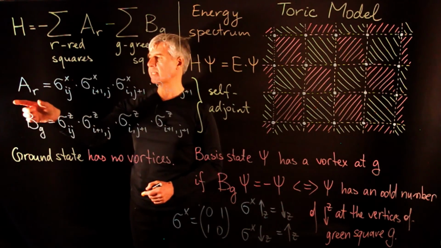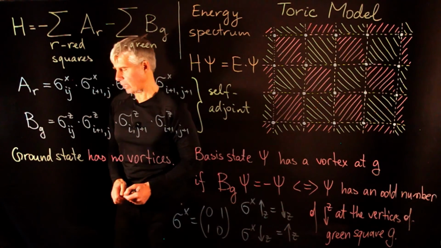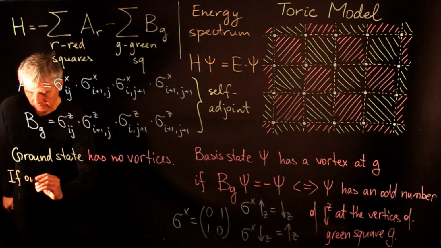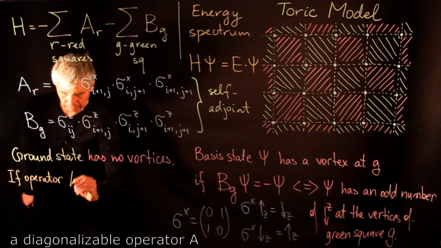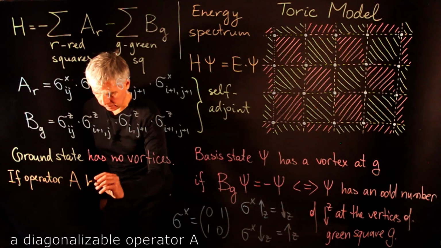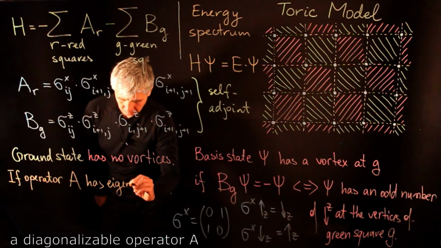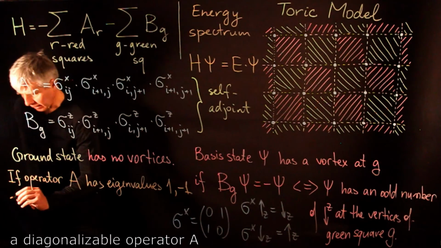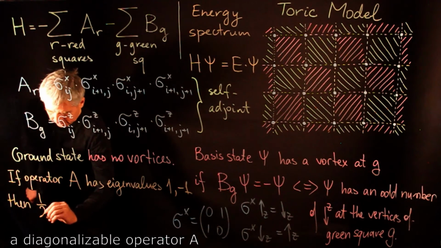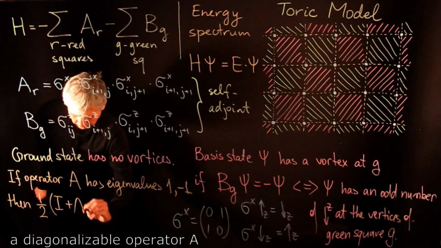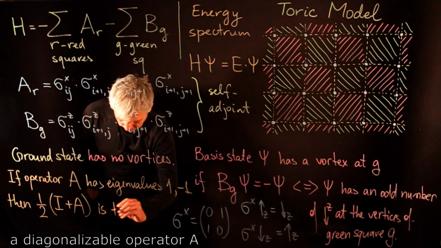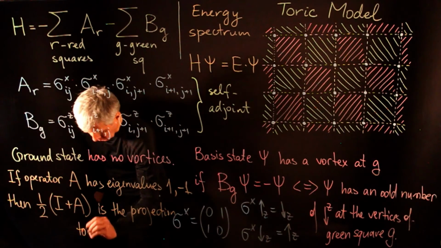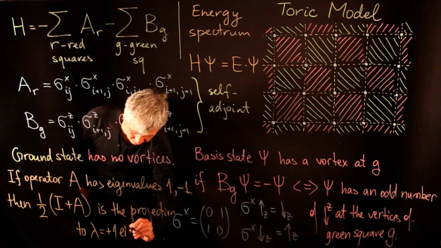Now, in order to construct eigenvectors for operators AR, we're going to use the following trick from linear algebra, that if operator A has only 2 eigenvalues, +1 and -1, then operator 1/2 (identity plus A) is the projection to lambda equals +1 eigenspace.